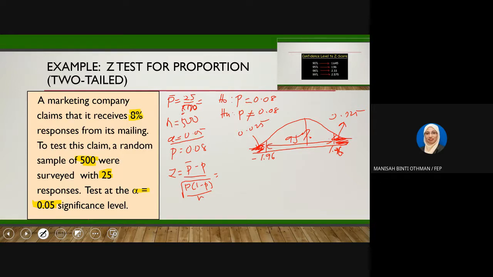It's 0.05, isn't it? 25 divided by 500, yes, it's 0.05. So 0.05 minus 0.08, with N being 500.